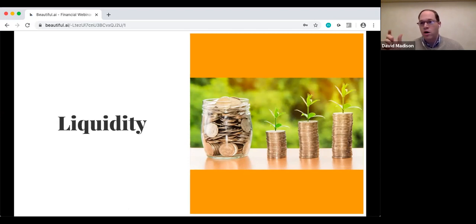So you take the total cost of operating the school, divide that by 365, and that basically tells you what 1 day of cost is. And then take that number and multiply that by 120, and that tells you what 120 days of cash would be. Or ISM, like I said, they say 90 days of cash. So depending on which camp you're in, we would just argue that you need to have a certain amount of liquidity, either 90 days or 120 days, to make sure that you can get through a crisis.